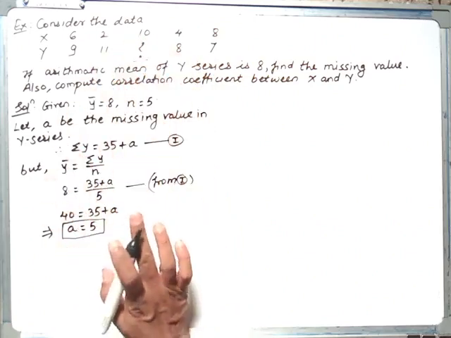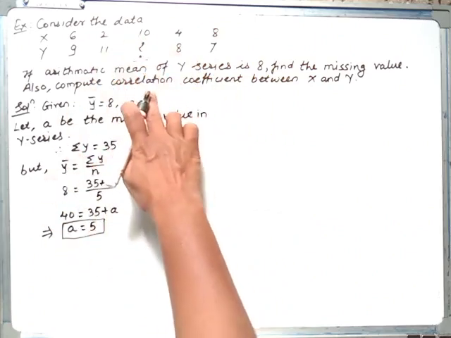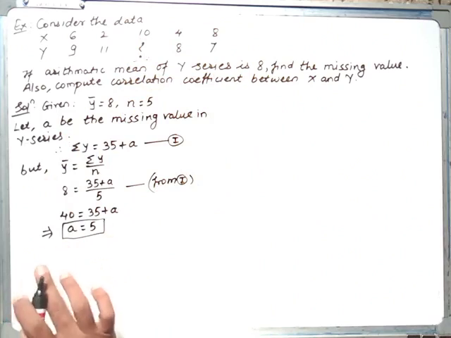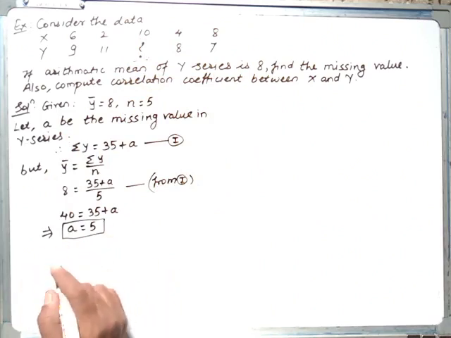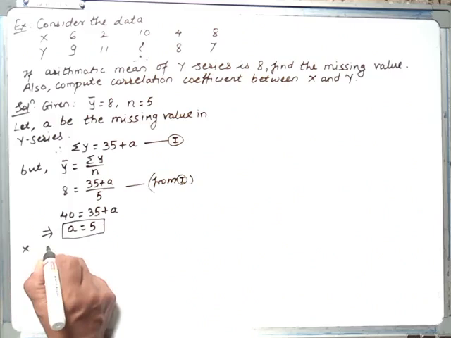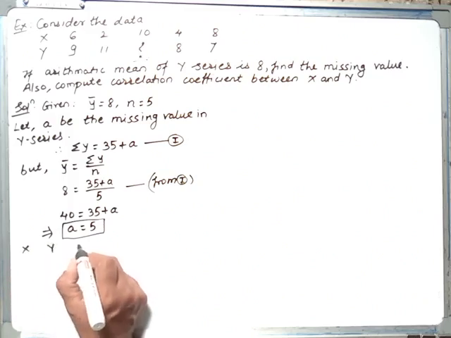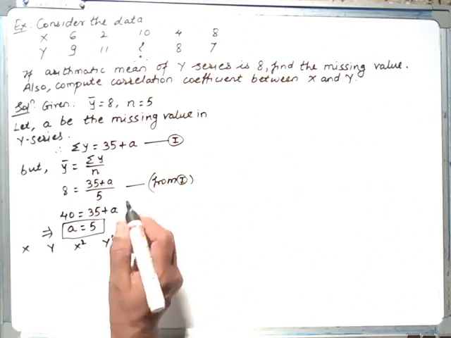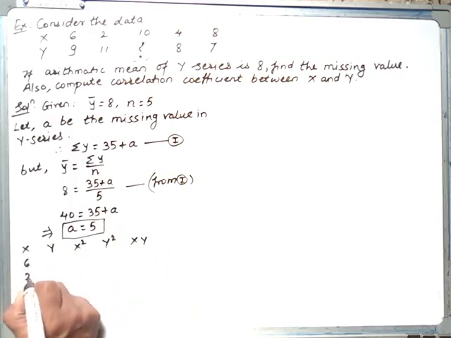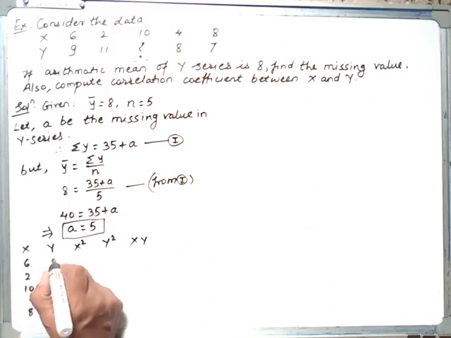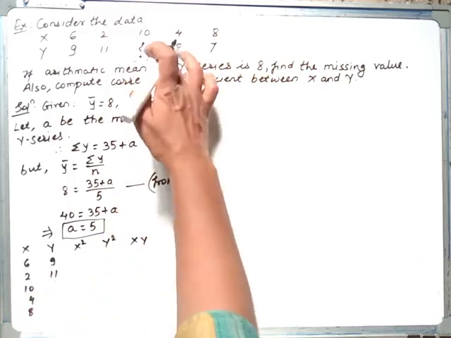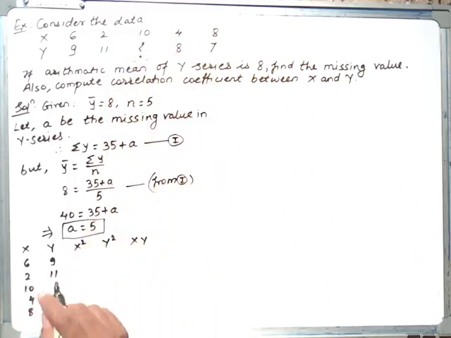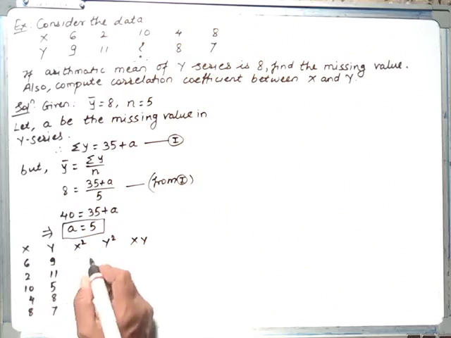Once we get this value, we can easily determine the coefficient of correlation, just like the previous example. For that we need to prepare a table having columns x, y. So it is 6, 2, 10, 4 and 8. This is 9, 11, and the question mark is a, having value 5, 8 and 7.